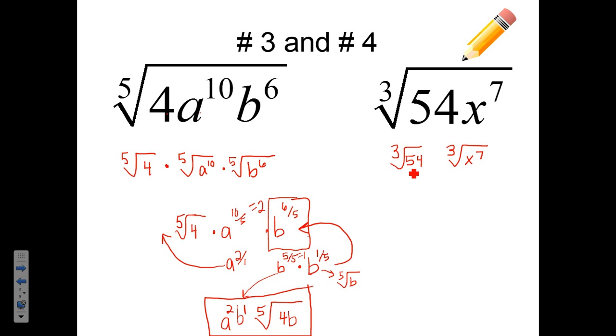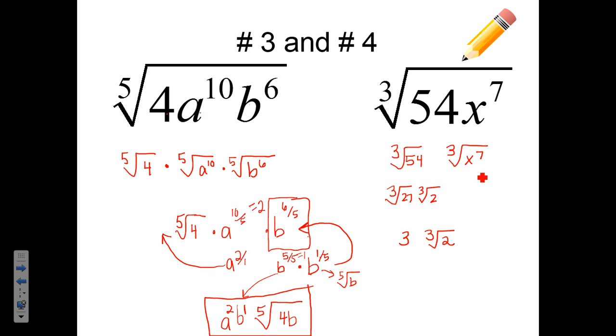Now the cube root of 54, I'm thinking, is going to be able to break that down into the cube root of 27 and the cube root of 2. The cube root of 27 happens to be 3, and the cube root of 2 stays the cube root of 2.